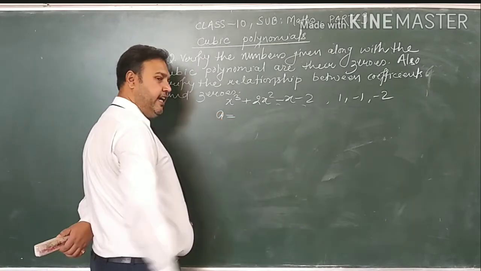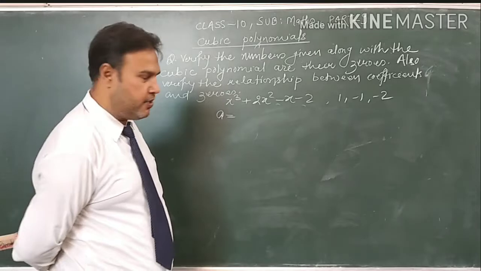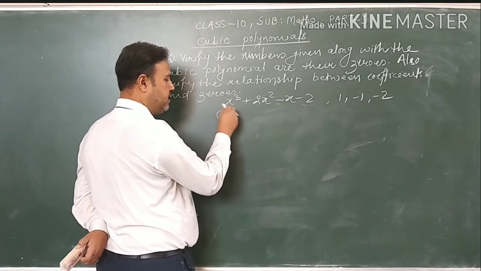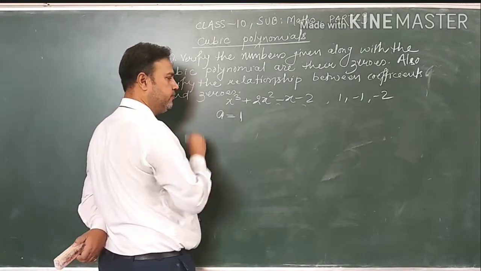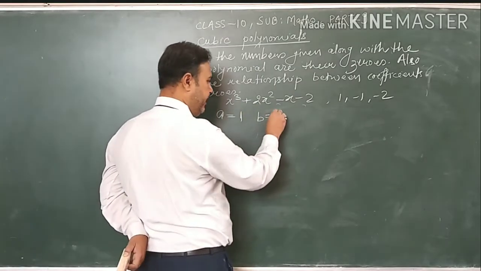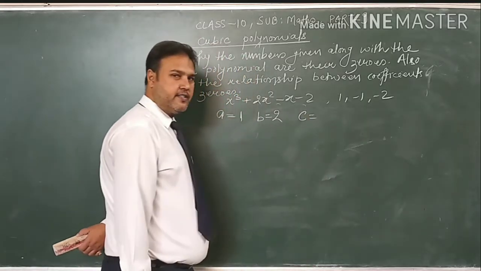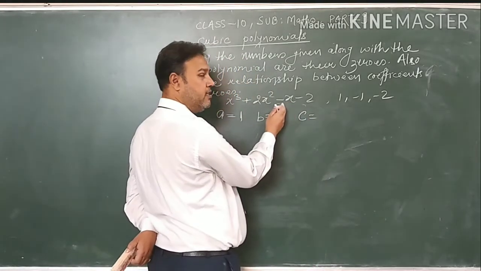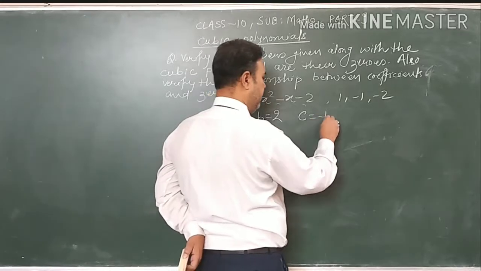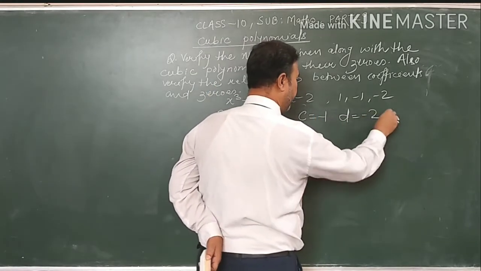The coefficient of x cube, that is nothing, means 1. What is b? Coefficient of x square. It is 2. What is c? Coefficient of x is minus, means -1. And constant, I mean d, is equal to -2.